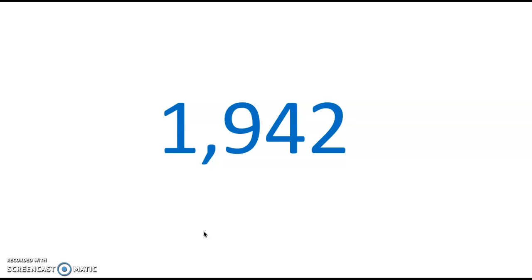So in looking at this number, it looks like it's 1,942. My first step is I am going to decide what form it is in. So I'm seeing that there's numbers, I'm seeing that there's a comma, I'm not seeing that there's any words or any exponents. So my background knowledge leads me to believe that the number I'm looking at is currently in standard form or base 10 numeral form.